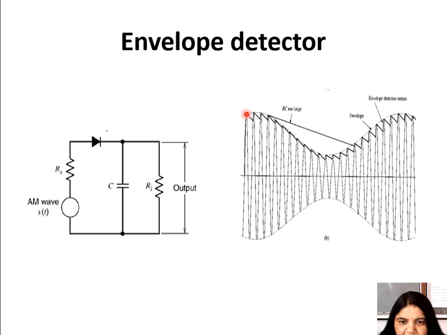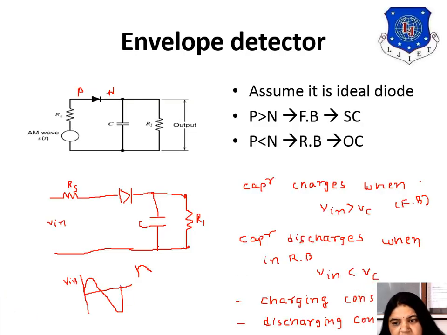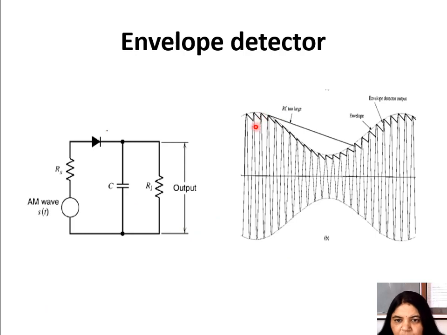Fine. Now what happened? The capacitor discharges, because here you can see that this is falling, so the capacitor discharges, again the capacitor charges, the capacitor discharges. When it charges, it depends on which value? The charging constant RsC. Through the charging constant and discharging constant we can get this.